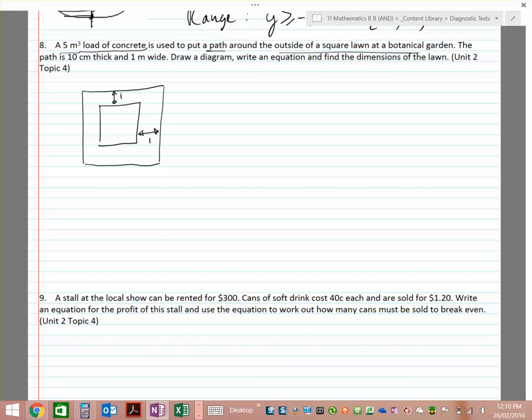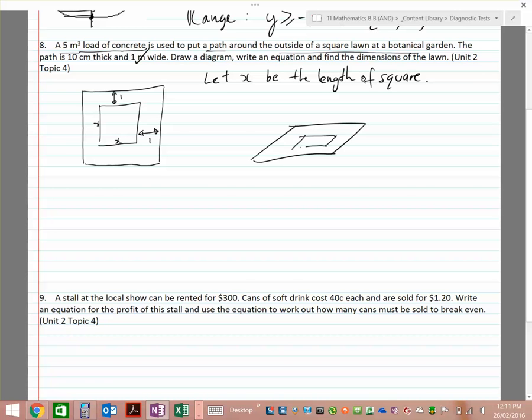I don't know the dimensions of this square, so I'll put x here and define my variable. Let x be the length of the square. If I was to draw this in 3D, so I've used the 1 meter width, it looks something like this.